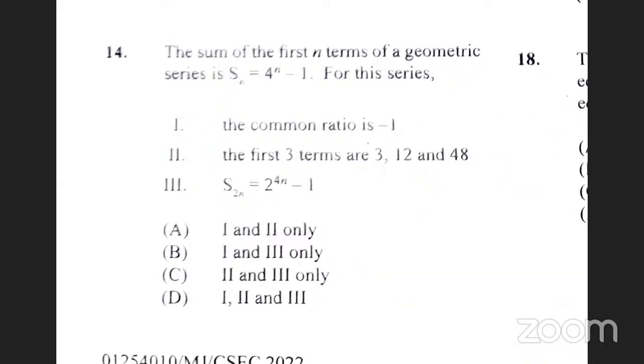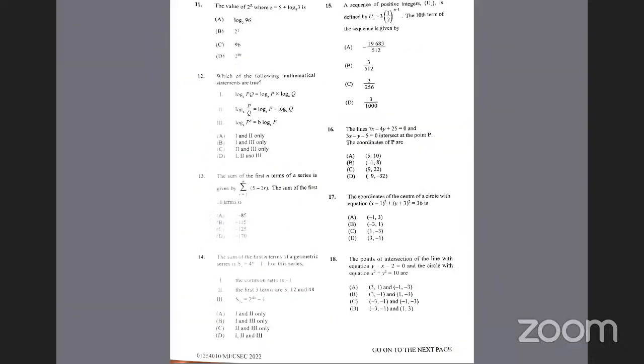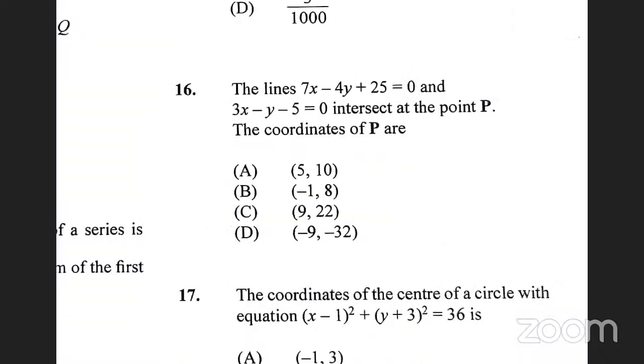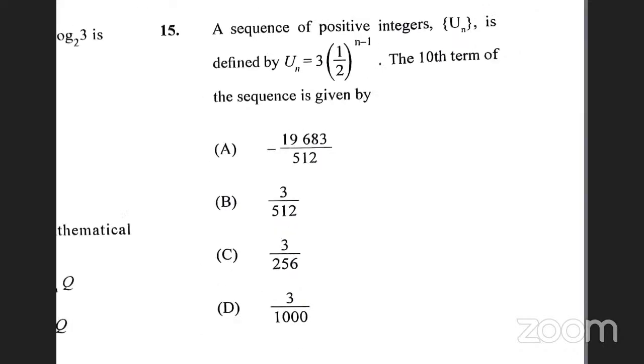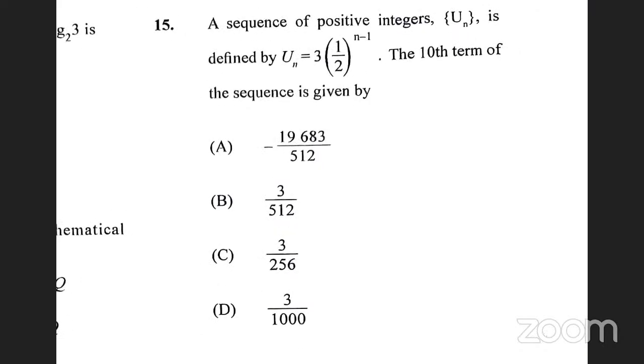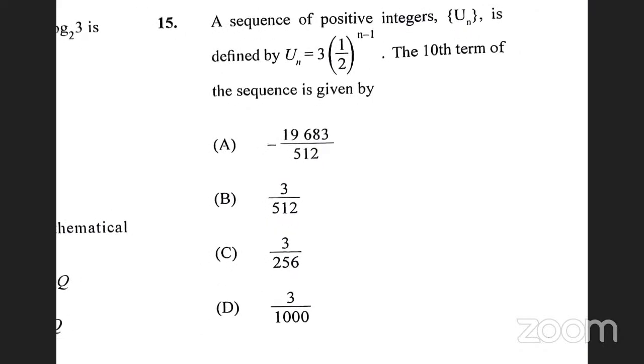Alright, next one. Right, that's the AP and GP. Let's go to circles now. Next one. Oh, wait, we did the 50. Find the 10th term there. That's straight to the calculator. Nice. Are you guys ready?